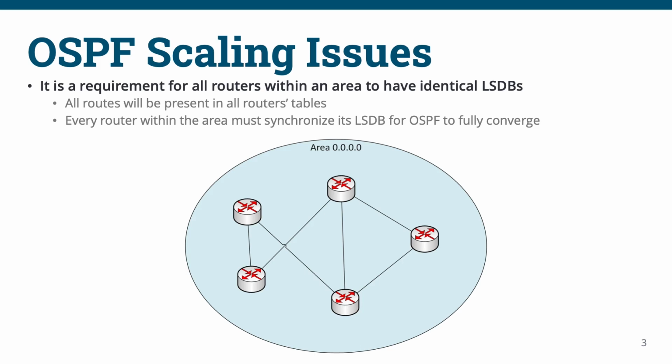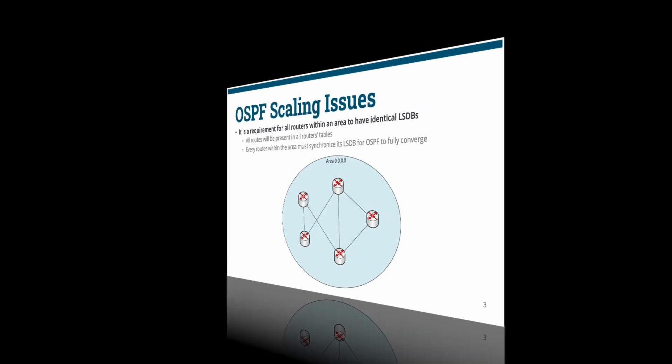Because of this, we need to have the ability to segregate our OSPF network into separate areas, so we can shield our branch office routers, which are typically lower in power and capability, from the rest of the network. This is where OSPF areas come into play.